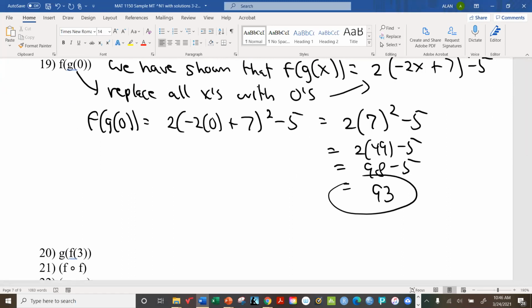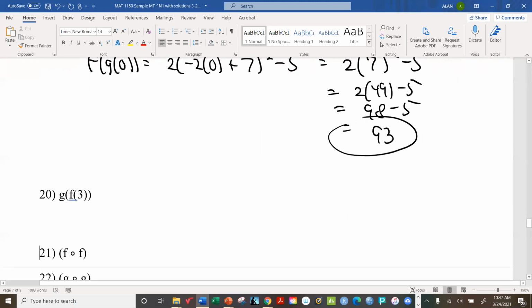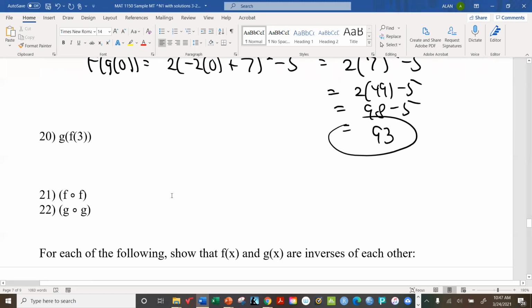All right, now for this next one, we have g of f of 3. We've already demonstrated or calculated g of f of x. So we might as well take advantage of that knowledge.